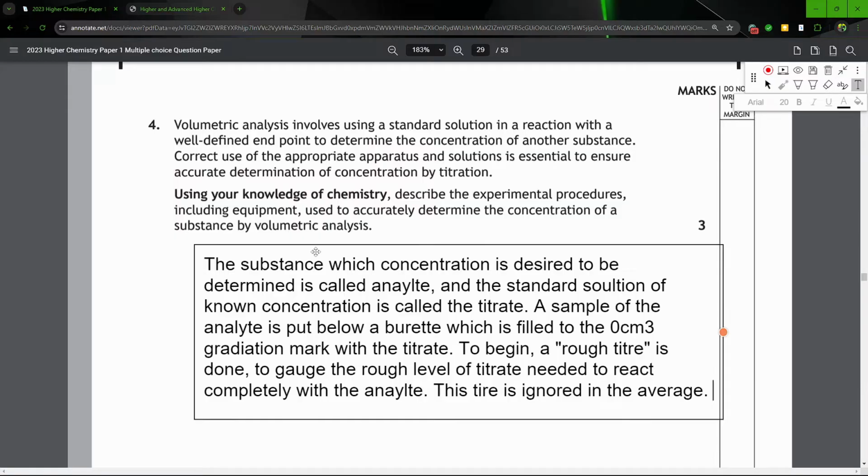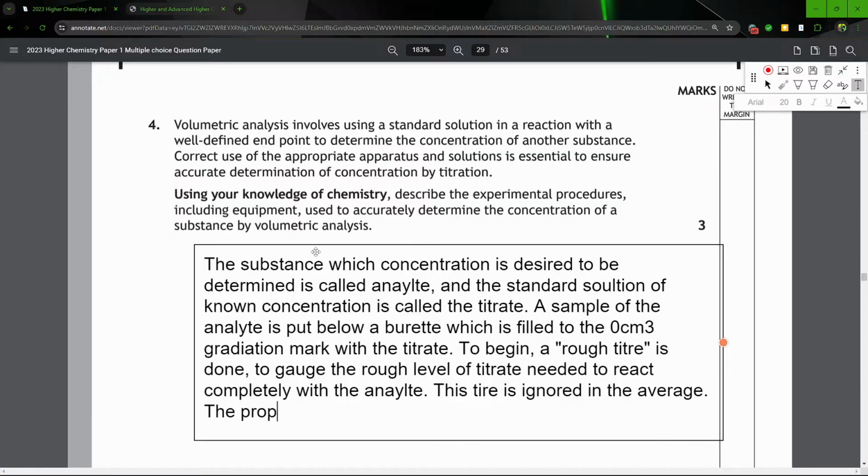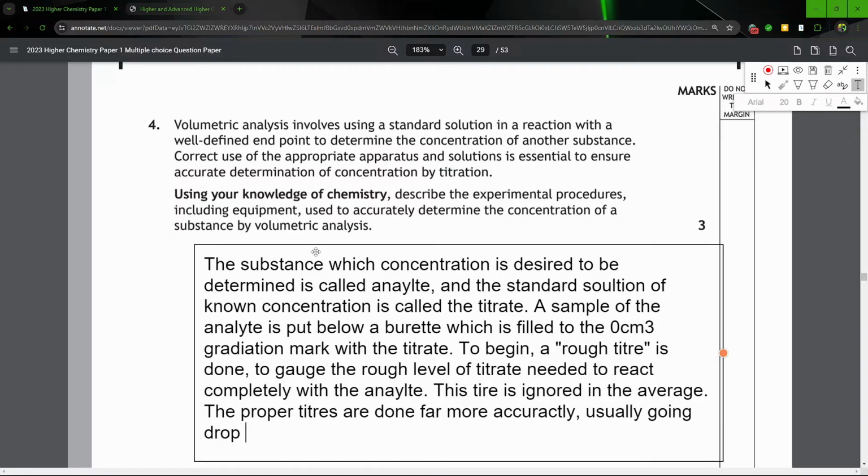All right, and then you do the proper titers, done far more accurately, usually going drop by drop until the reaction is completed.